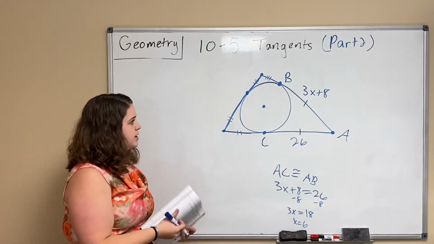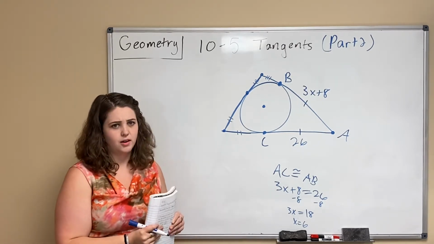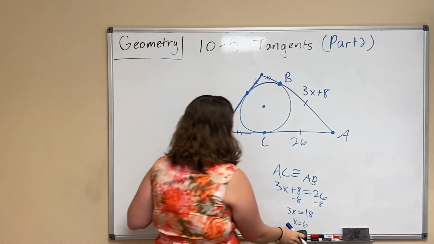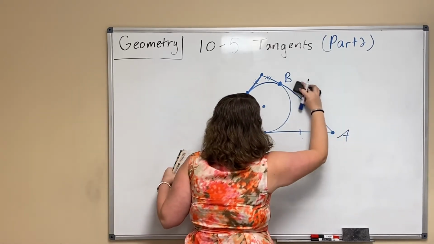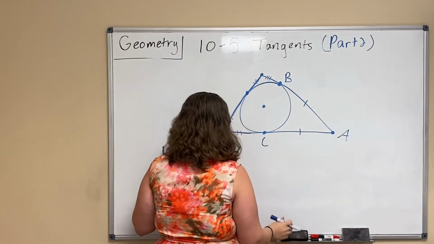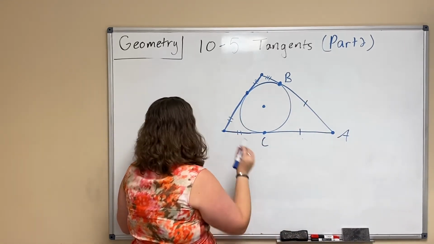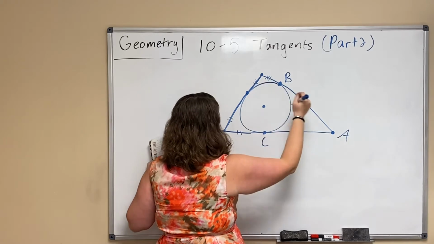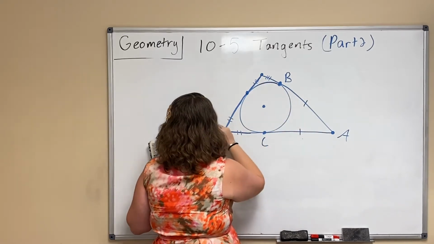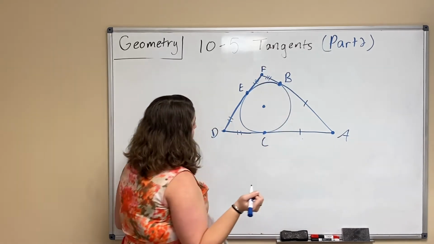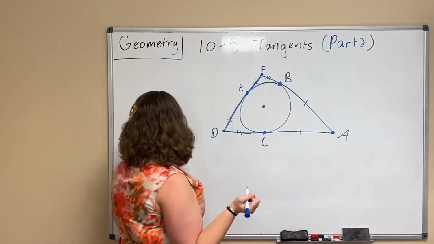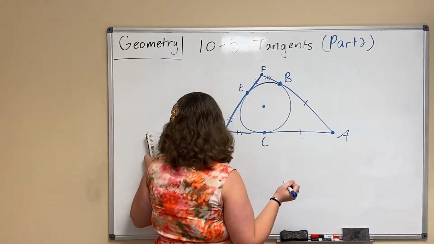So I'm going to give you an example of one of the problems that are going to be on your homework. Suppose instead of that, I tell you that, let's see, we have A, B, C, D, E, F.